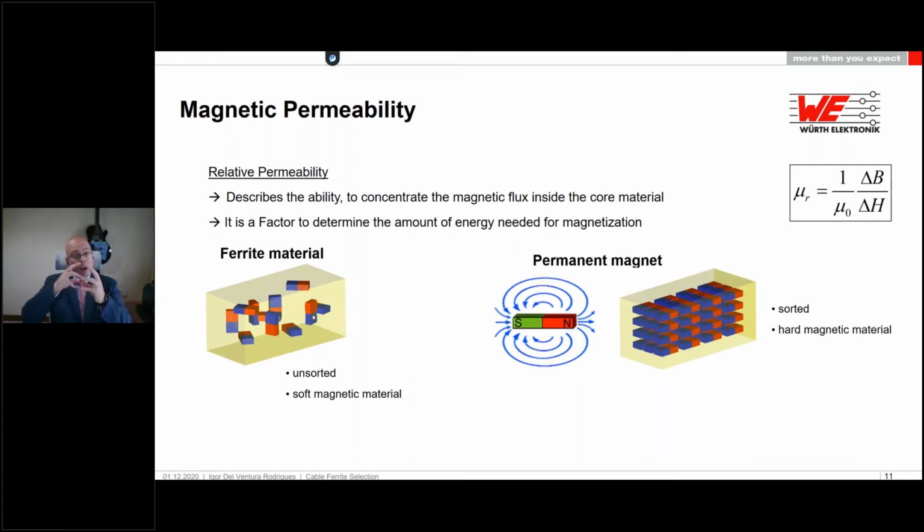And once you apply a magnetic field on them, they will align in the same direction. And this is the process that will basically cause the loss of energy of your noise, so the attenuation of your noise.